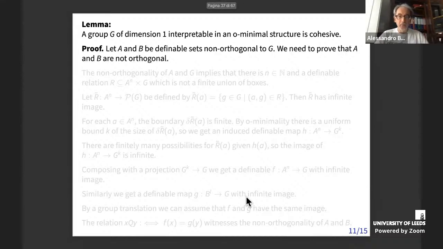So the interesting case is when the minimal structure just consists of several sorts, right? So you have your group. You want to prove that it's cohesive. According to the definition, this means that if you have two definable sets non-orthogonal to it, they are non-orthogonal to each other.